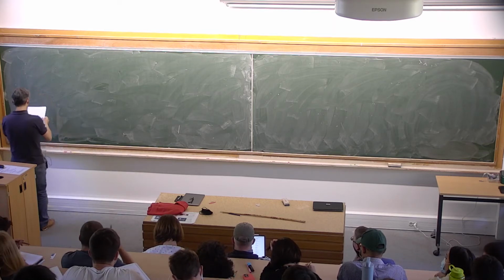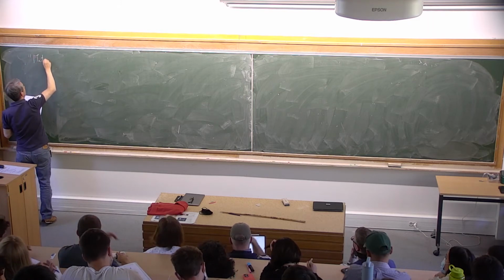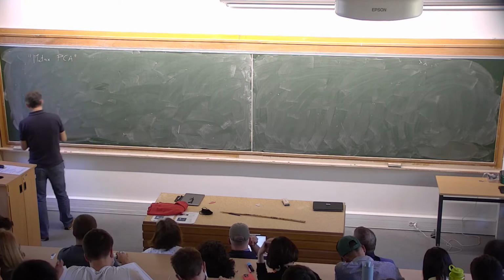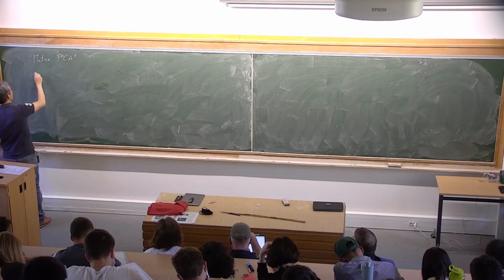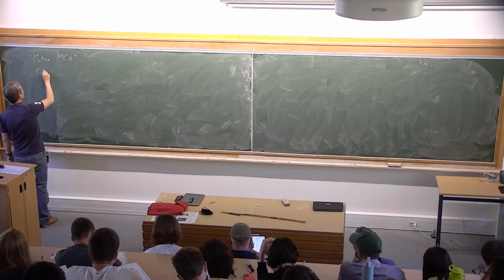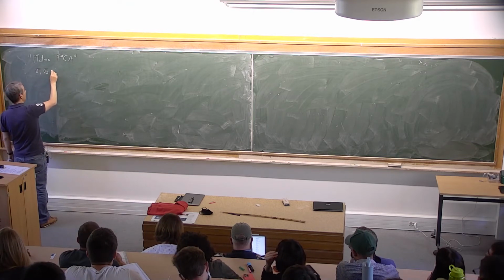The problem that we're going to study is what I would call matrix PCA, and it's very much related to what I just discussed. Imagine that I have a vector v, the same as before, and what I get is v_i v_j corrupted by noise.